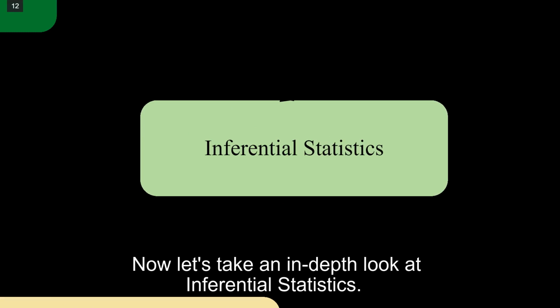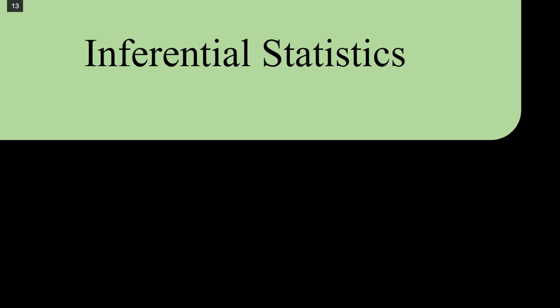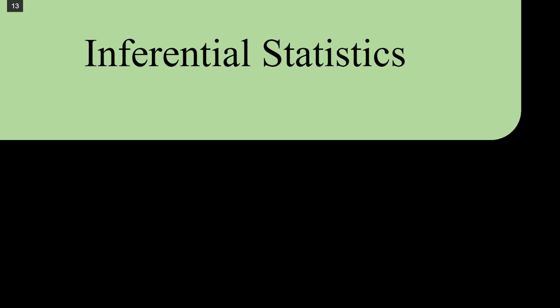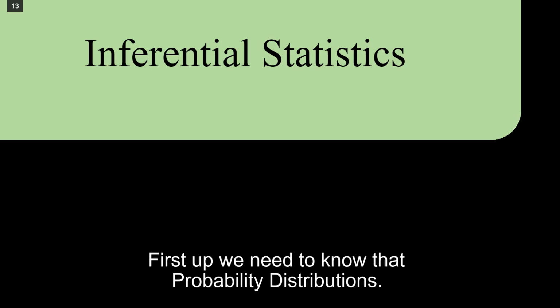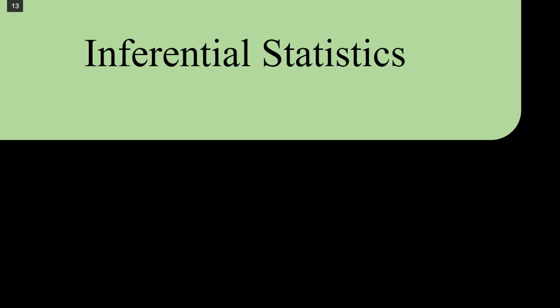Now let's take an in-depth look at inferential statistics. Unlike descriptive statistics, inferential statistics lets you take a small sample and make educated guesses about an entire population. First up, we need to know that probability distributions model how data is expected to behave, from the familiar bell-shaped curve to other shapes.